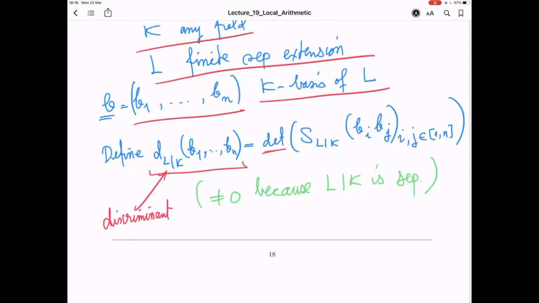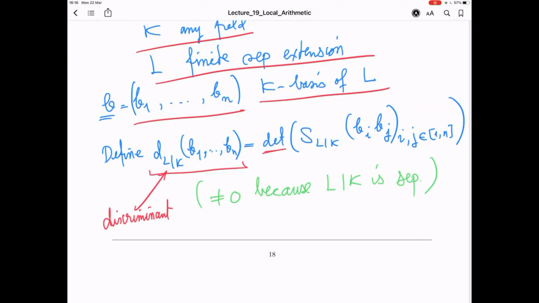That gives me a matrix, and I just take the determinant, and that determinant is not 0 because the trace map gives a non-degenerate bilinear form, and therefore the determinant of its matrix is not 0. It's non-degenerate because the extension is separable.